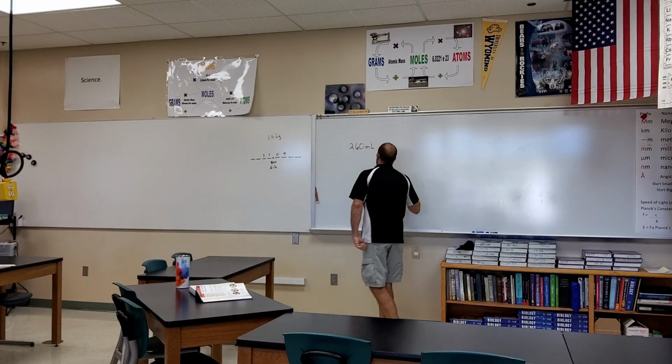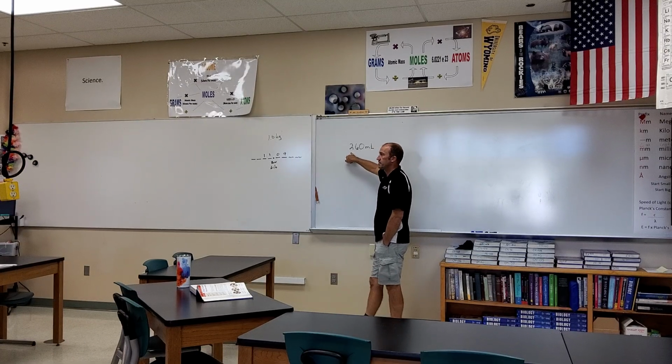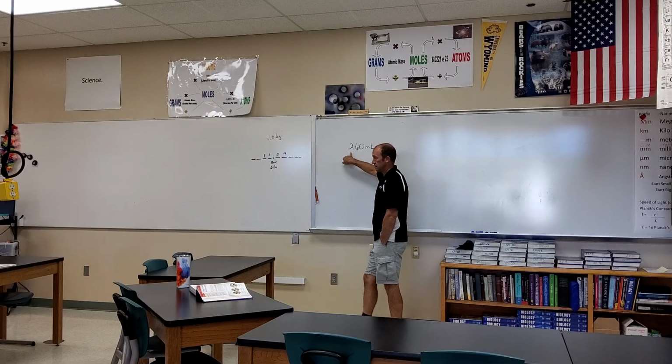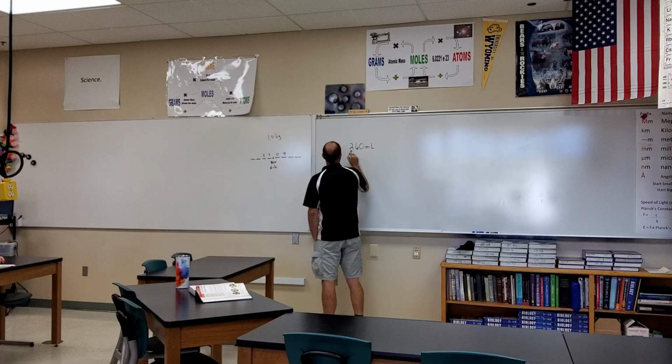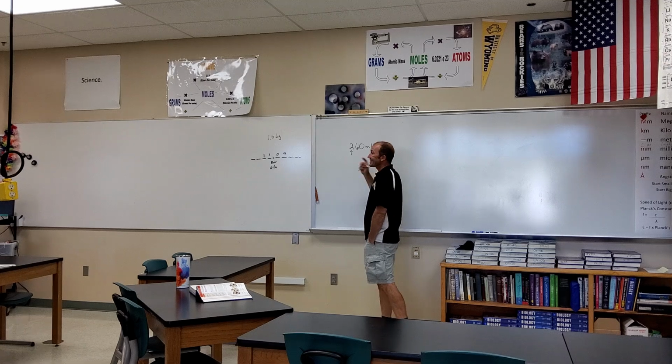Okay. If we look at our digits, are we measuring 200 milliliters? Yes. There's a line that means 200, so we are measuring at least 200 milliliters. Are we measuring 60 milliliters?